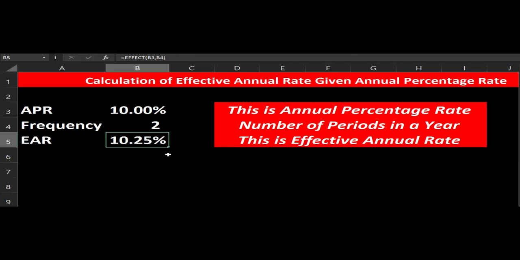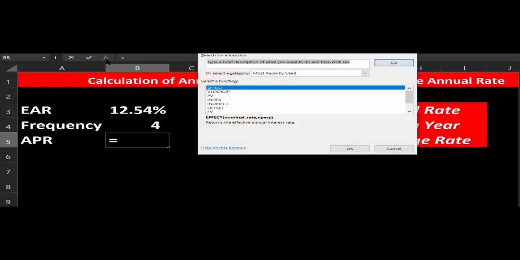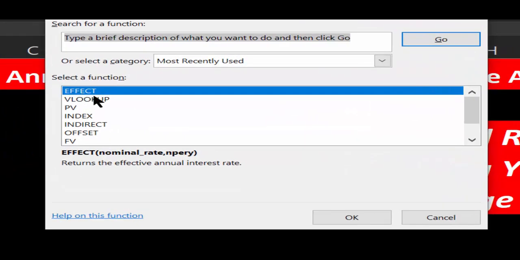Now, sometimes you may have to go from effective annual rate to APR. It's going to be simple. Let's say you have a loan that has an effective annual rate of 12.54 and it is quarterly. There are 4 quarters in a year. And what is the APR? We're going to do the same thing. Let's go to this little FX button and let's pick our function, in this case, nominal.